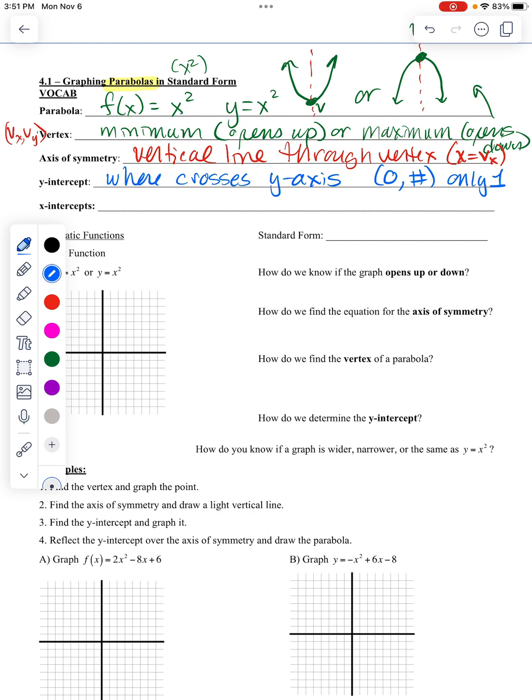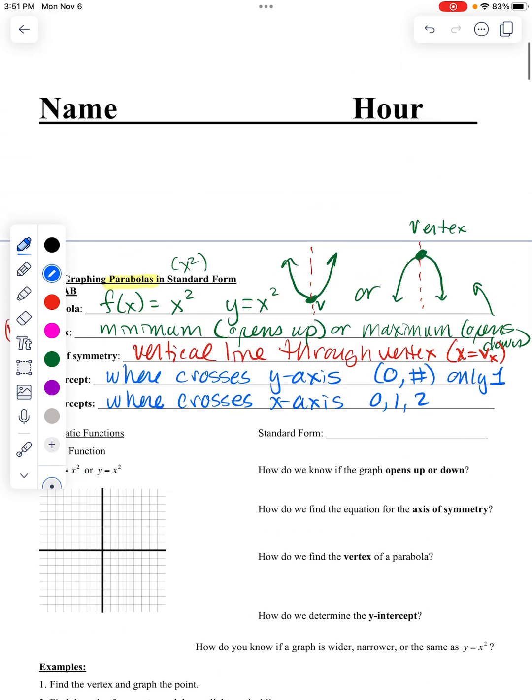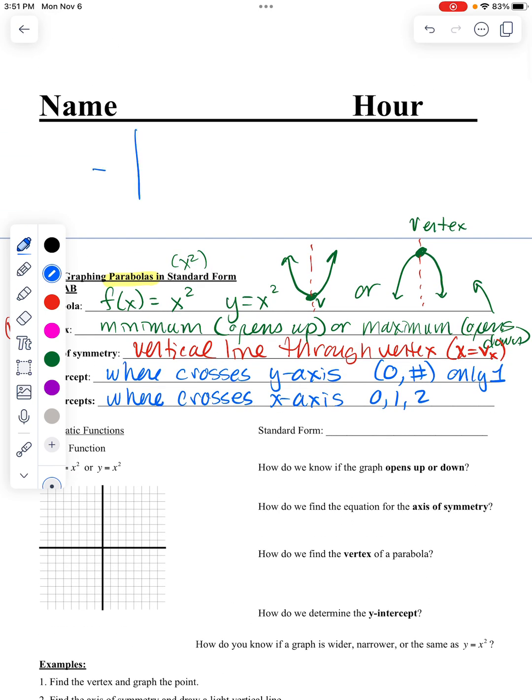X-intercepts are where it crosses the x-axis, if it does, because it doesn't have to; it could be floating up above. Because it's a curve, you could have none of these, one of these, or two of these. Let me draw a quick sketch of how that would happen. I could have a parabola that's floating up here or opening down from down here, and that would have no x-intercepts.